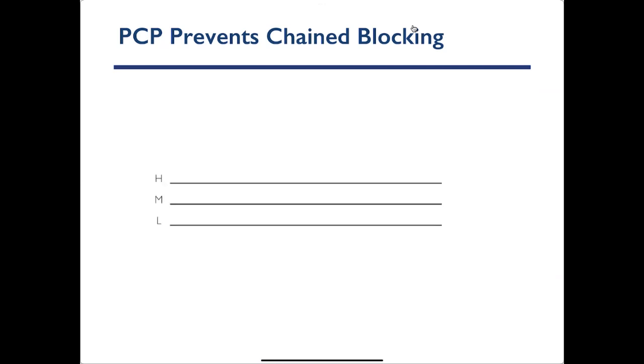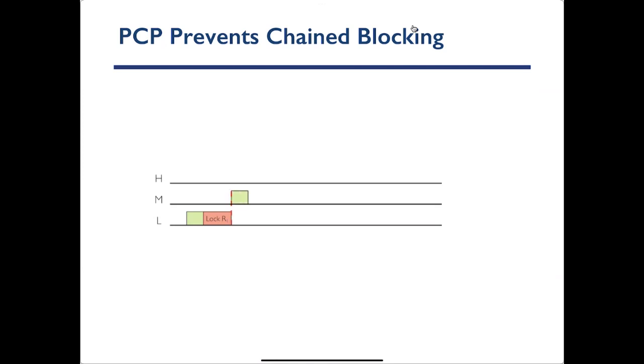PCP can also prevent chained blocking. So look at the same example we saw previously for PIP, where chain blocking was happening. So L runs, it tries to lock R1, it can do that. Then M runs.